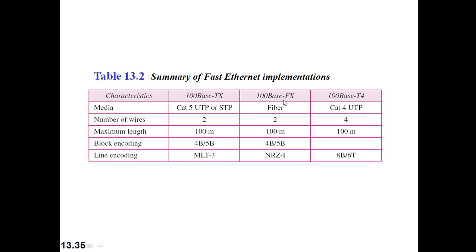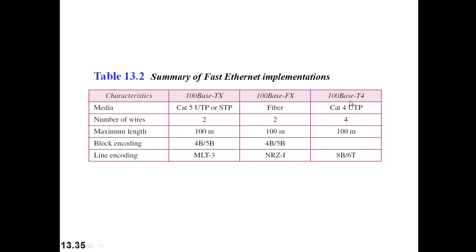In case of 100 base FX, we are using a fiber media, that is optical cable. Number of wires, that is 2. Maximum length 100 meters. Block encoding mechanism 4B/5B, and we are using a line coding mechanism as NRZ.